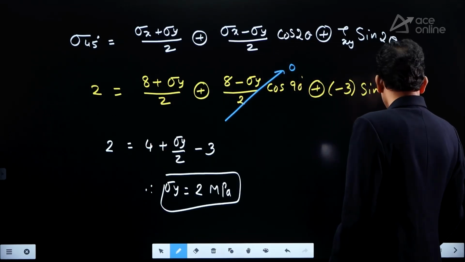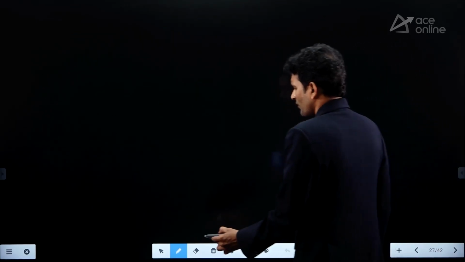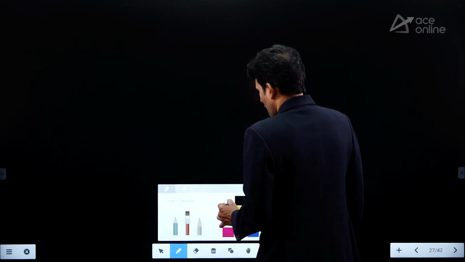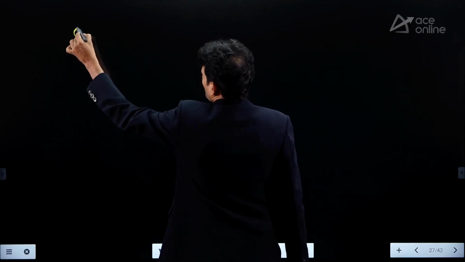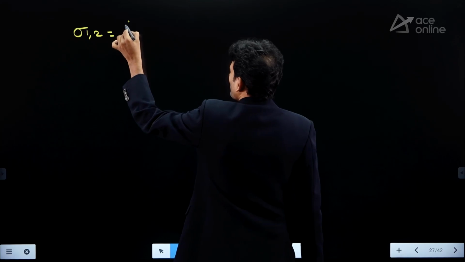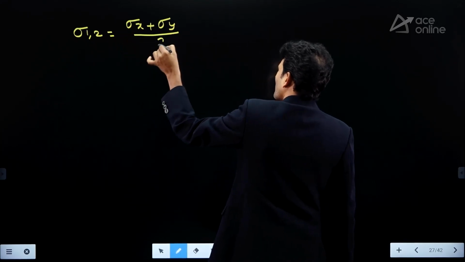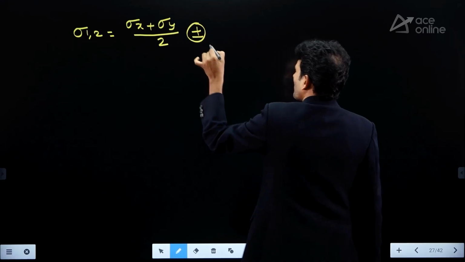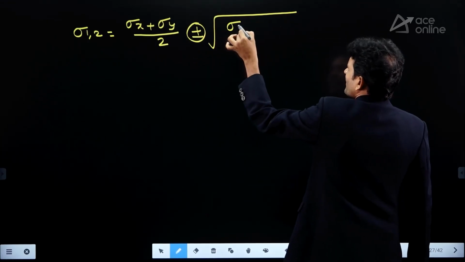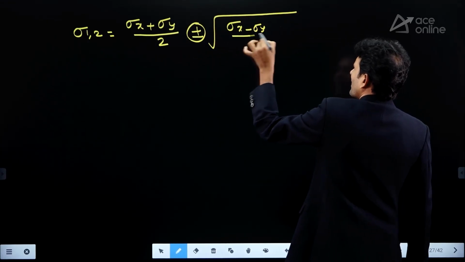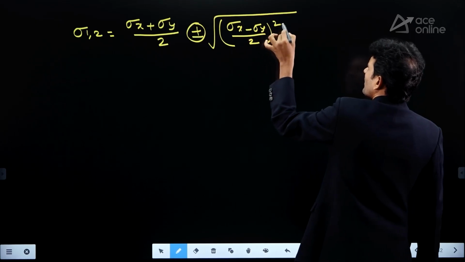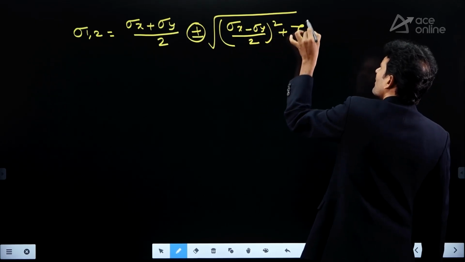This value you can use in the standard principal stresses formula. We require both principal stresses. Sigma 1 and 2 equals, what is the standard relation? Sigma x plus sigma y divided by 2 plus or minus under root of sigma x minus sigma y divided by 2 whole square plus tau xy square. Everything is known.